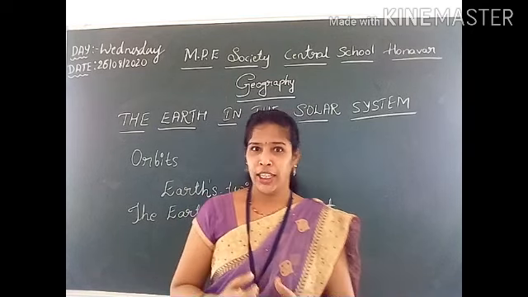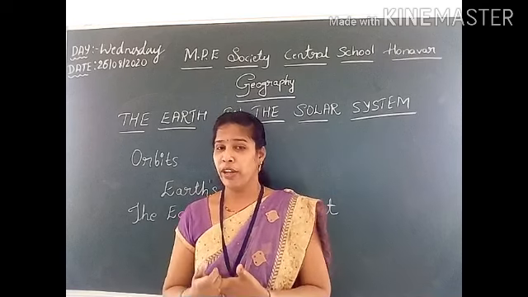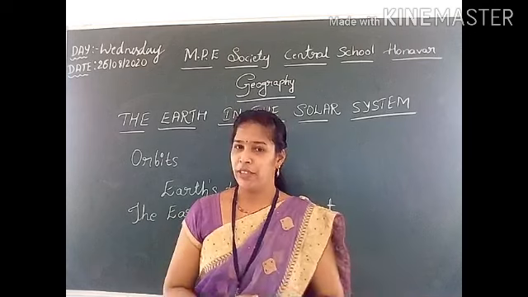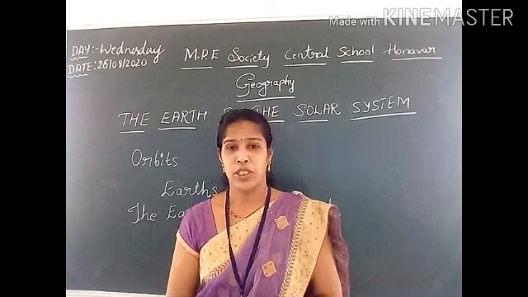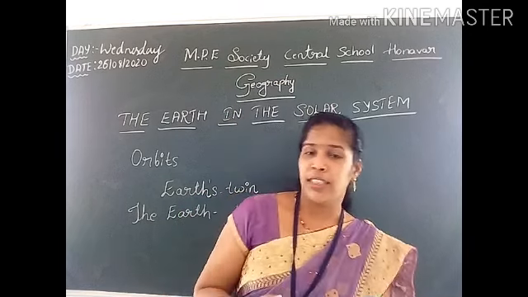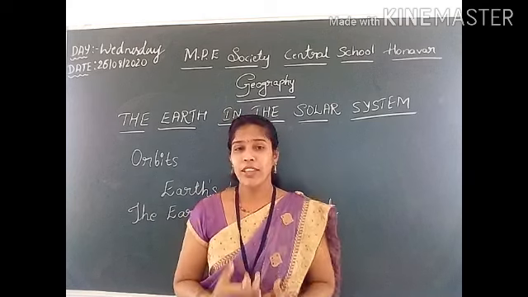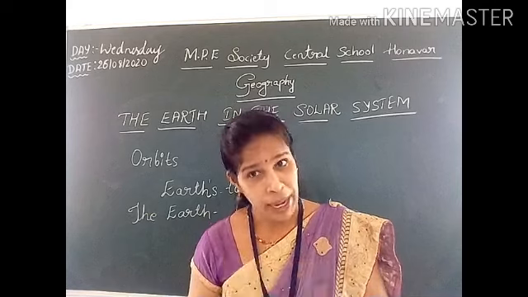Our Earth is neither too hot nor too cold. It has air and water which are very essential for our survival. Our Earth also has gravitational force and the air has life supporting gases like oxygen. Because of all these reasons, our Earth is called a unique planet.